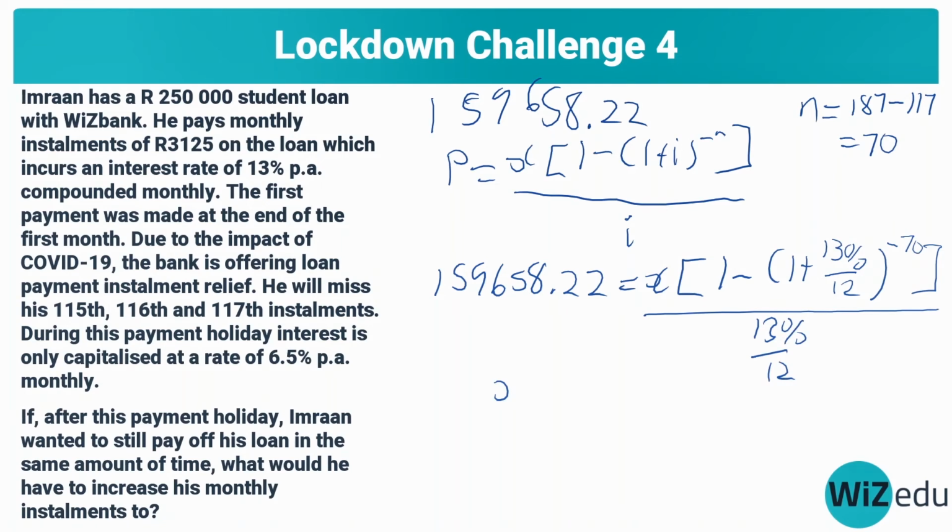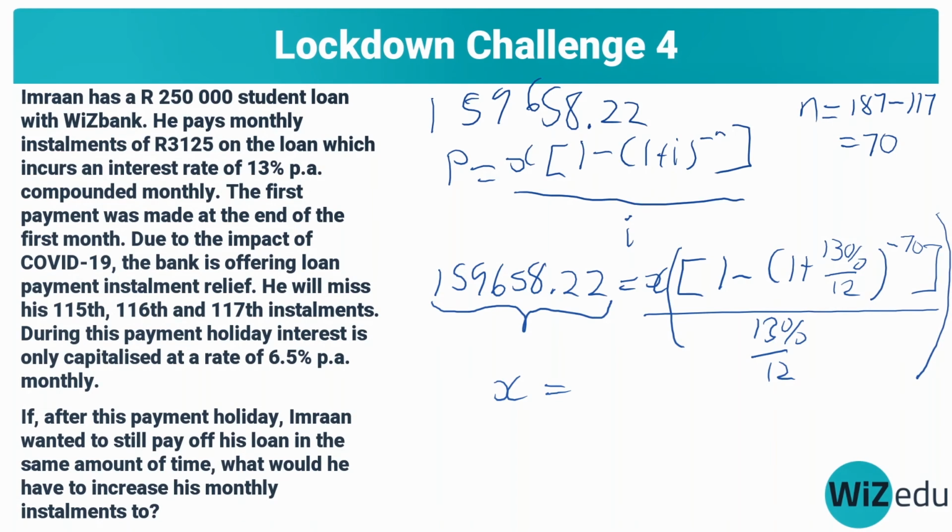So we can say that x will equal this side here divided by everything else on the right hand side. So you're going to divide 159,658.22 by this entire bit here to calculate x.